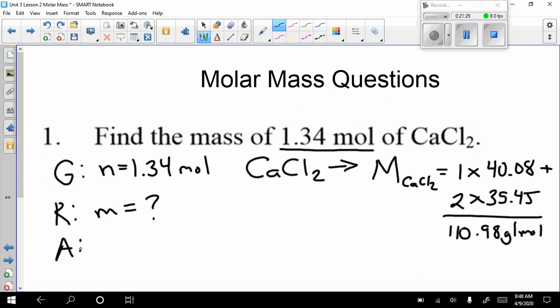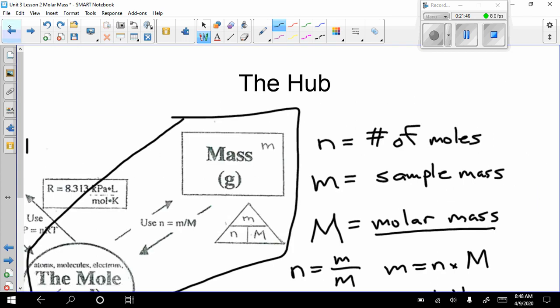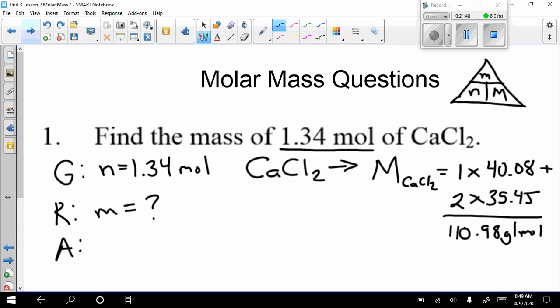Okay, I need a formula. All right, well, I know my triangle. I know my triangle is little n, little m, and capital M. And again, you've always got that in front of you because you'll always have your hub with you on any quizzes or tests. So here we go.